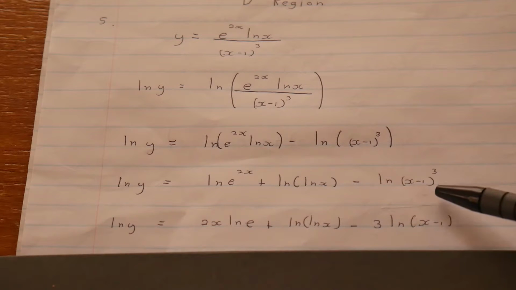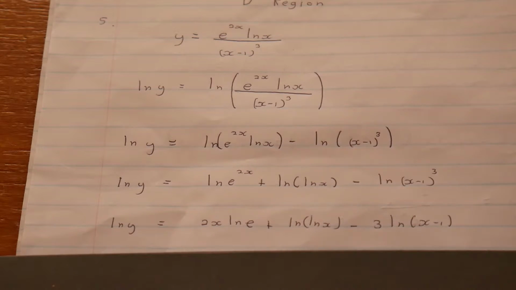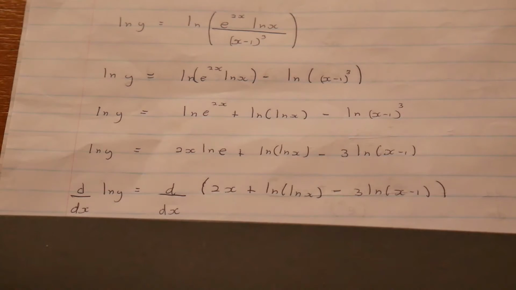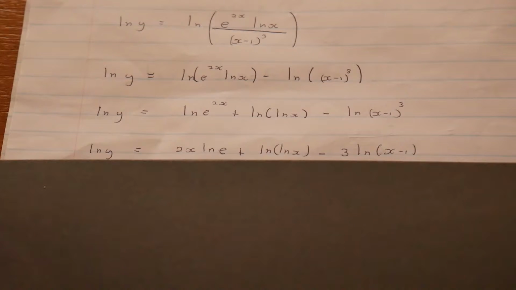If you just do 1 over x minus 1 to the third power and go on from there, you will still get the same answer. But it is shorter to apply that rule. Good. So now that we have our equation in simple terms, now we actually differentiate both sides of the equation.